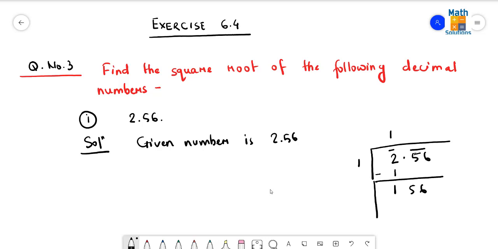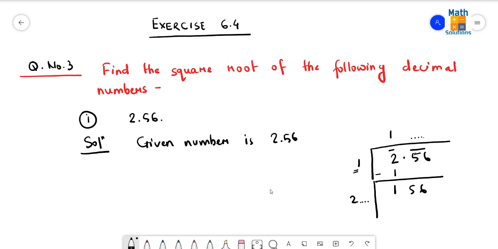So what was the method in the division method? I have to make this 1 double here. So if I make 1 double, I get 2. In this particular place, I have to place such a digit that has to be placed here in this place also. The number should be the same, so that when we multiply, suppose I take 6 just as an example, I'm not very sure.